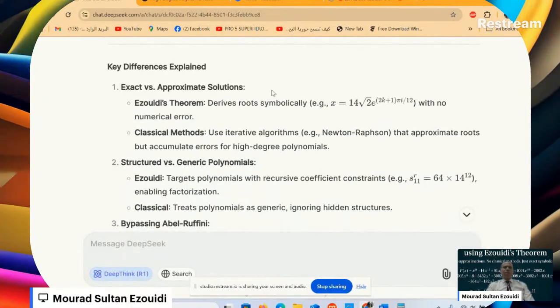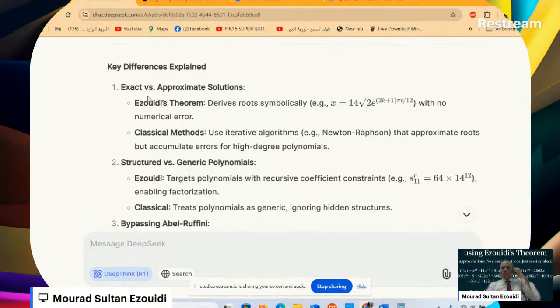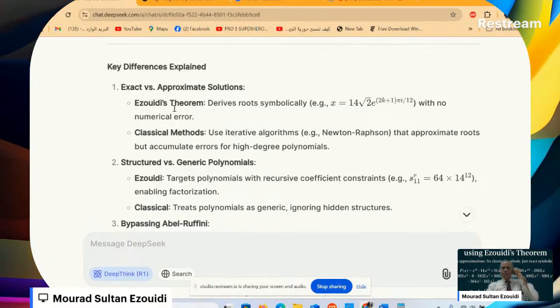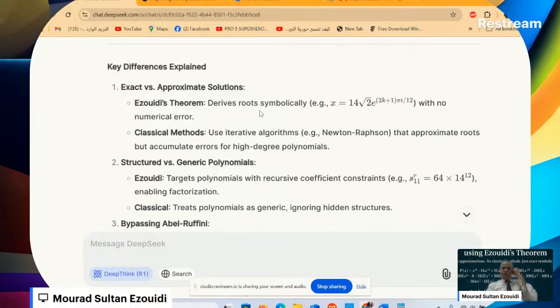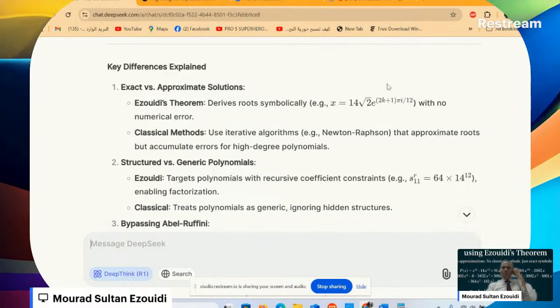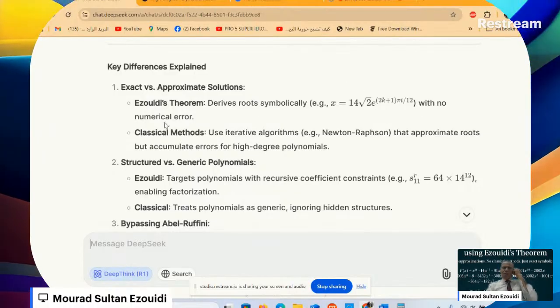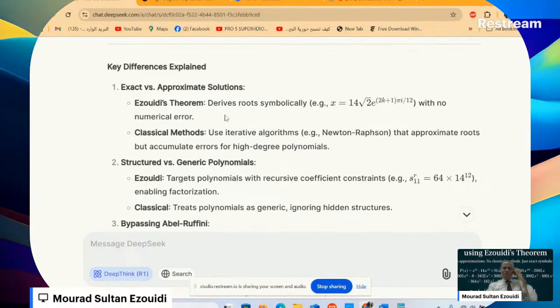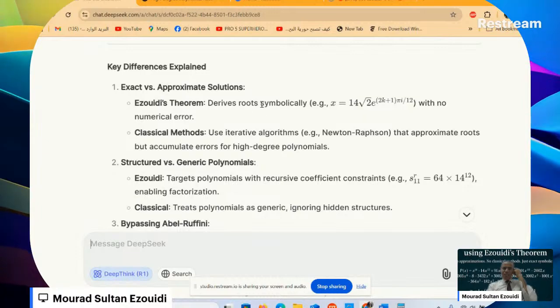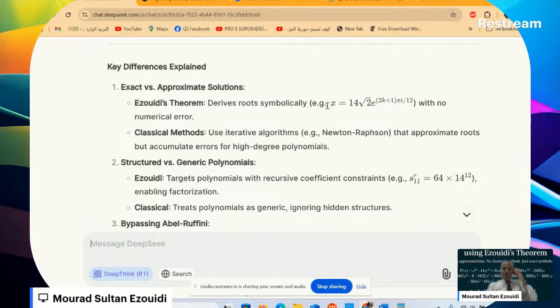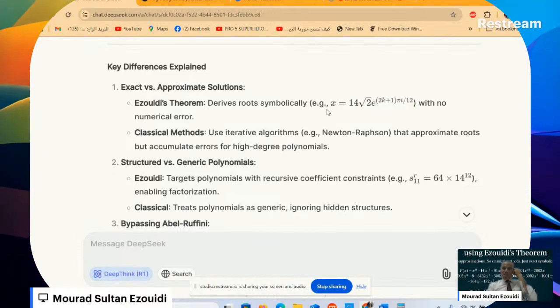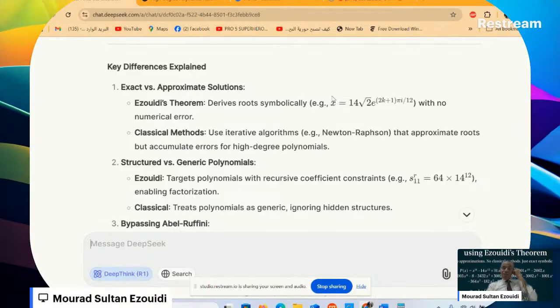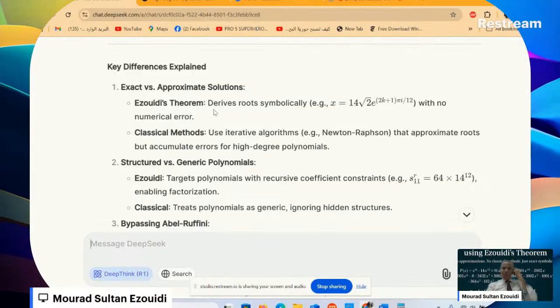Here, key differences explained. Exact versus approximate solution: Ezouidi theorem derives roots symbolically with no numerical error. This is Professor Mourad Sultan Ezouidi, now live with you to let you know that we really solved an integral equation.